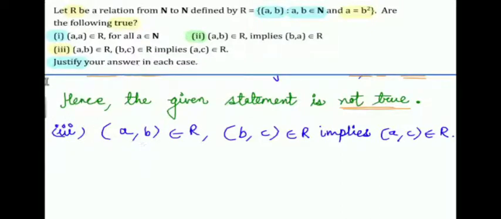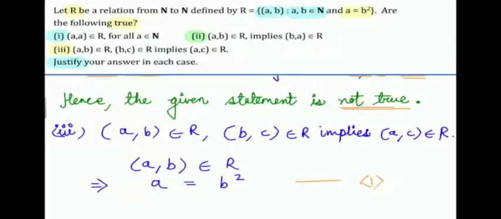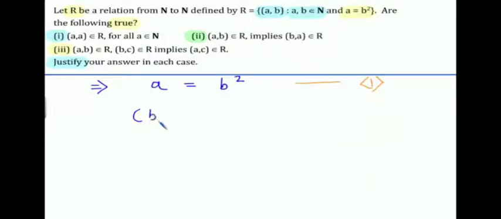Now question number 3. (a,b) belongs to R and (b,c) belongs to R implies (a,c) belongs to R. That means suppose (a,b) belongs to R and (b,c) belongs to R, both are in your relation, then your relation is also possible for (a,c) belongs to R. Since a = b², equation 1, and (b,c) belongs to R means b = c², equation 2.